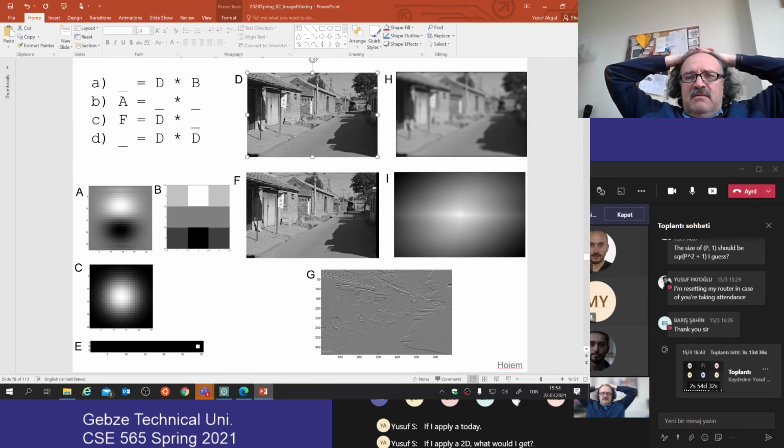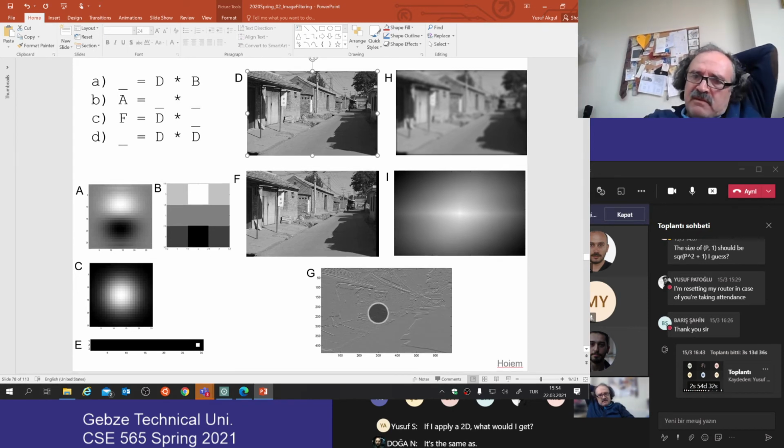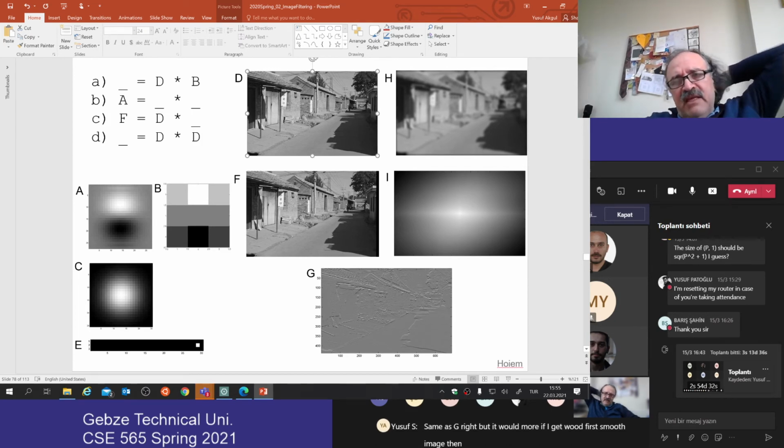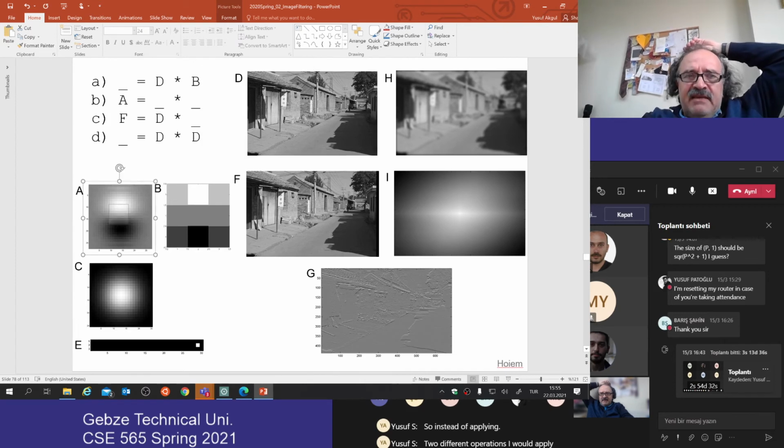It's the same as G, right? But with more effect. It would first smooth the image, then take the derivative with respect to y.